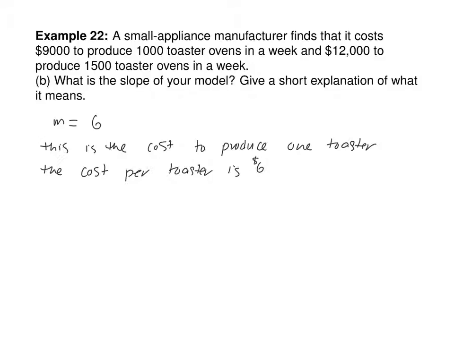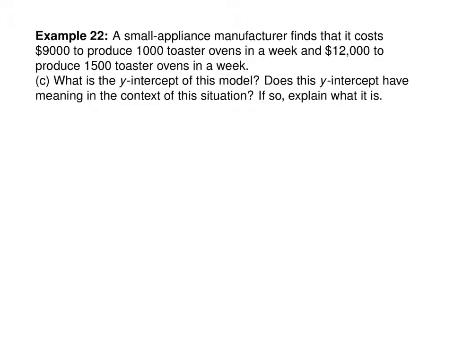There are lots of ways to say that correctly, but just tell me that that's the price per toaster. What is the y-intercept? 3,000. Does it have meaning? Initial investment. This is the initial cost or investment.